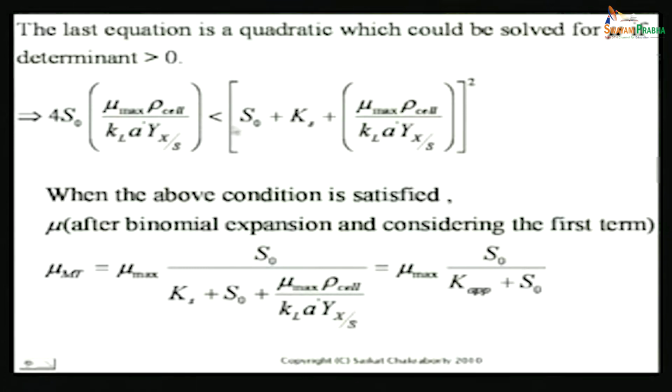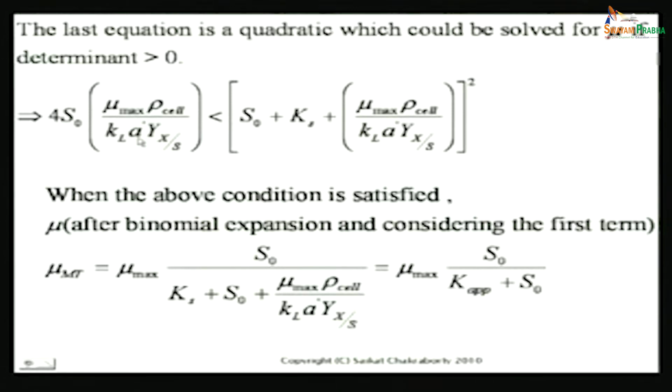Because everything else, as you see over here, mu max, rho cell, KL, Y, and Ks, these are all constants. The only thing that you want to control is S naught. Mu max is a property of the cell, you cannot control. Rho cell is a property of the cell, you cannot control. KL again is a property of the cell and the substrate and liquid, you cannot control.